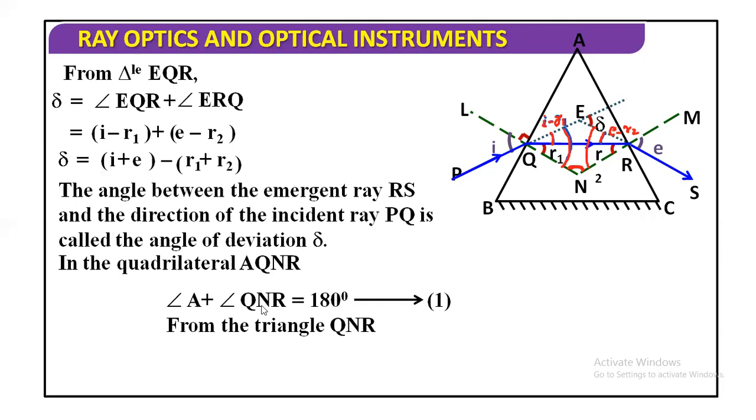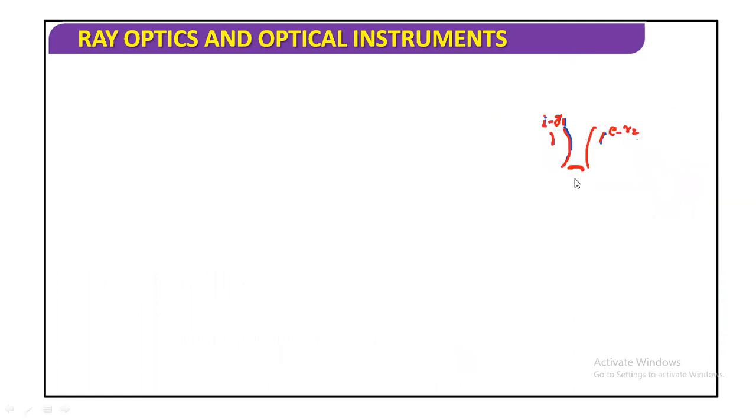Now we want to find out this QNR. To find this QNR, take the triangle QNR, and in the triangle we know this angle is R1, this angle is R2, and keep this angle as QNR. So R1 plus R2 plus QNR.